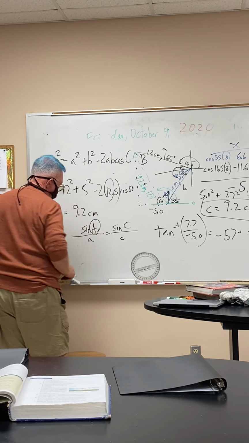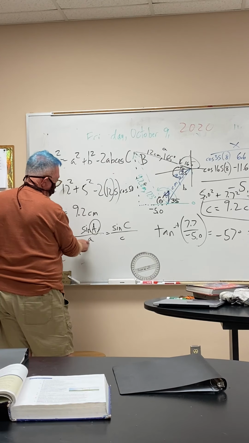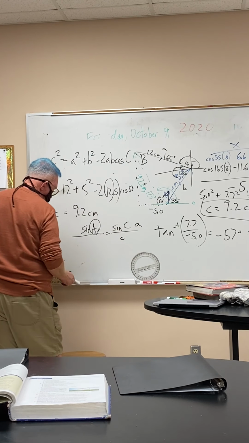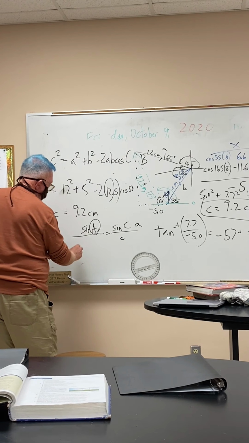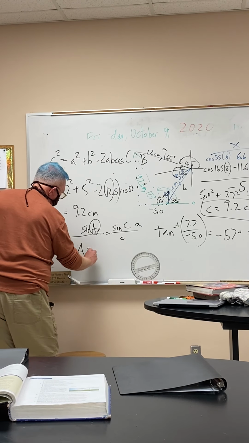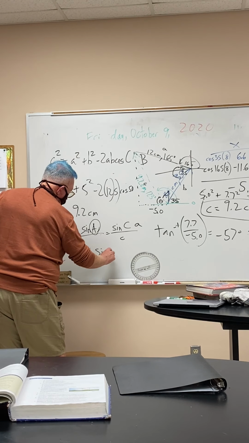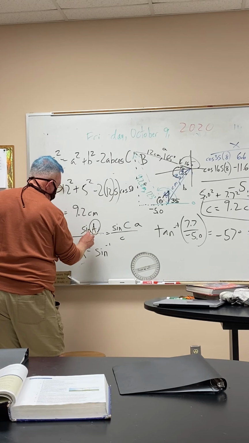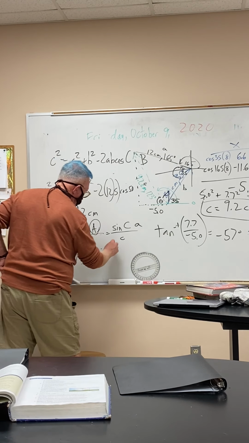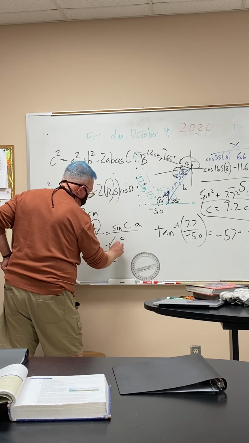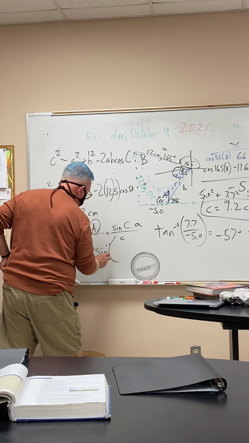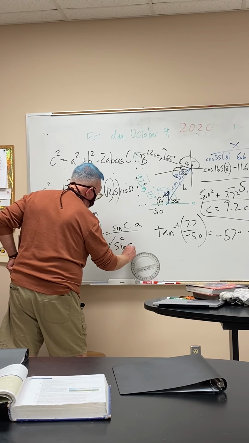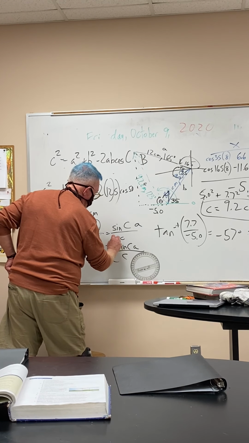We're looking for A, so we multiply a times both sides and take sine to the minus 1. So A equals sine to the minus 1 of a times sine C over c.